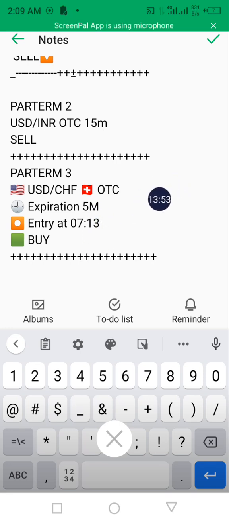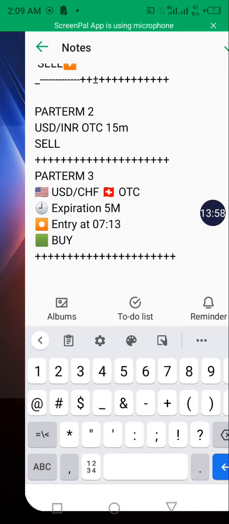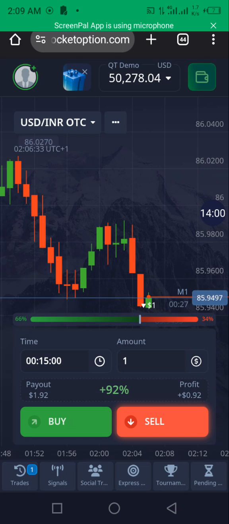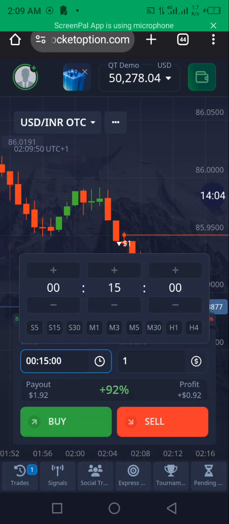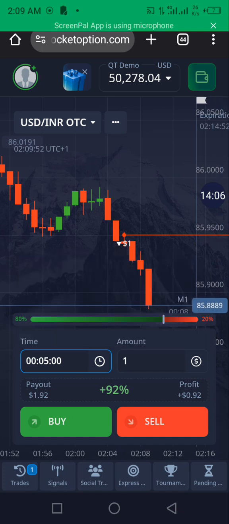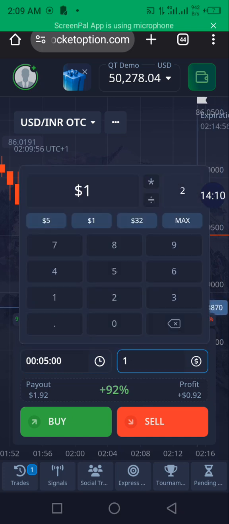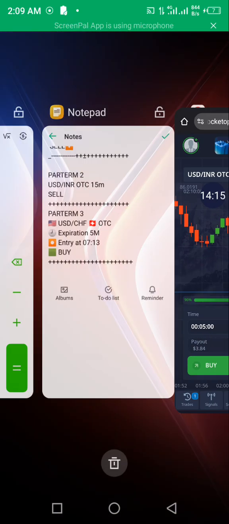That is a simple way to trade this signal. Before that, you must have set the duration of this trade to 5 minutes, and you must have entered your stake amount. Let me say $2. Then you now come here and wait.